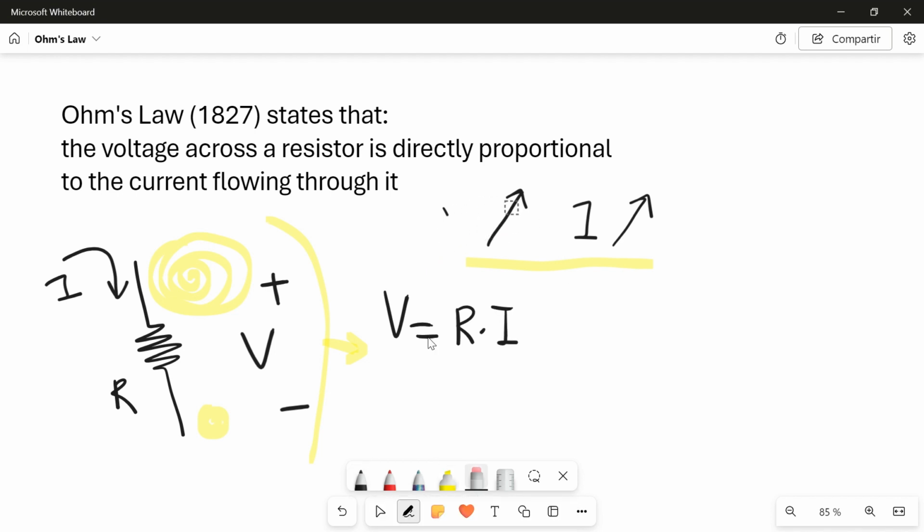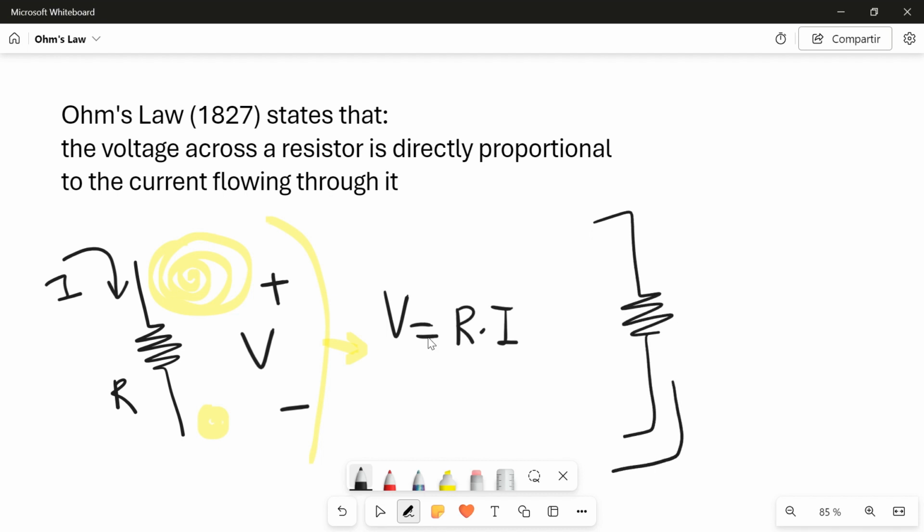However, if we have another situation in which the resistor is like this, current goes in this direction, and we still measure the voltage with this polarity, so we put the black cable of the multimeter here and the plus here, we will see a decrease of the voltage, because the effect is opposite.